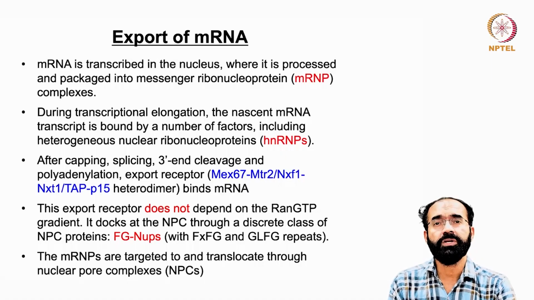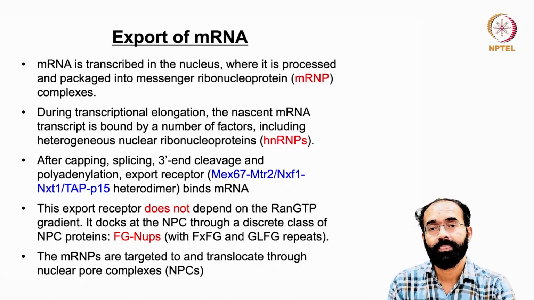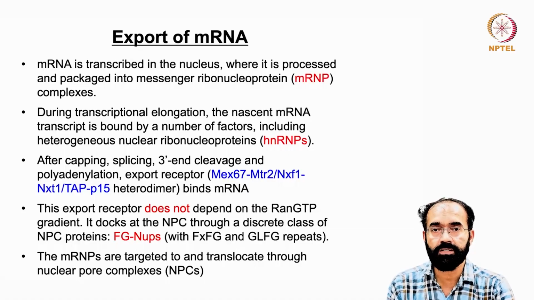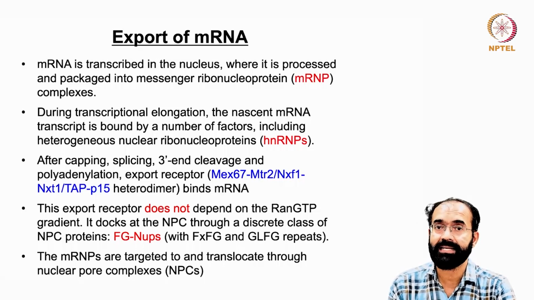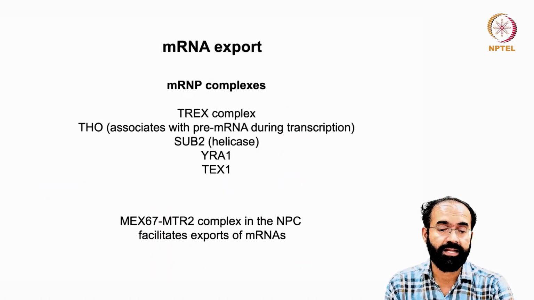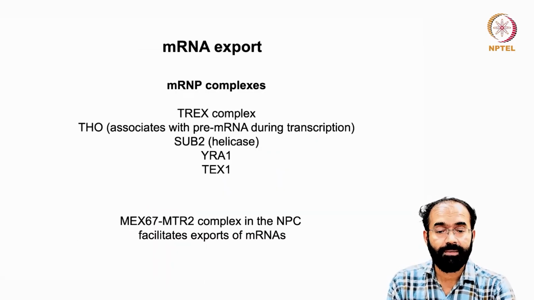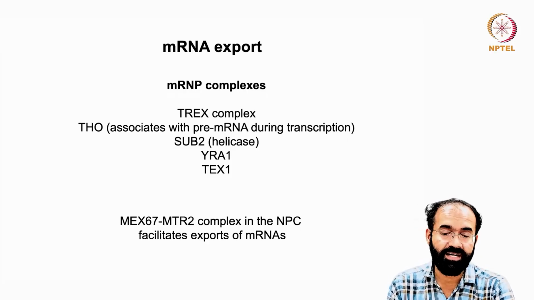So all RNA molecule cargo go in and out of the nucleus through the nuclear pore complex. However, the proteins associated with individual cargo and the proteins of the nuclear pore complex they interact with can vary. So depending upon which species you are handling, the nuclear pore complex interaction can vary. So coming back to mRNA export, the mRNP complex is important because it will protect the RNA and also provide stability.